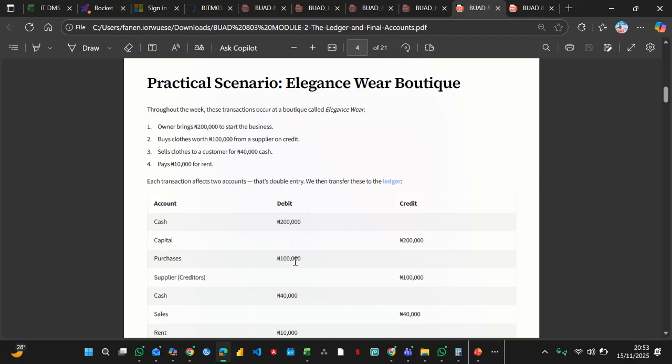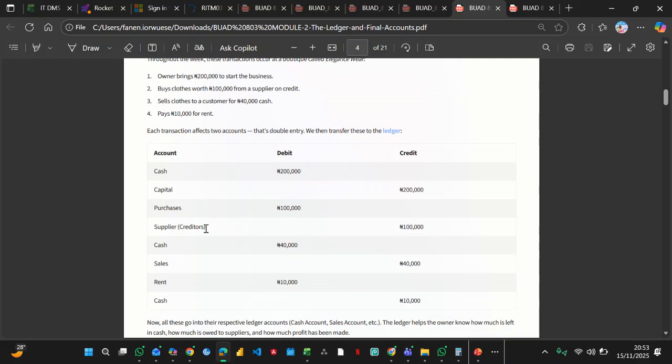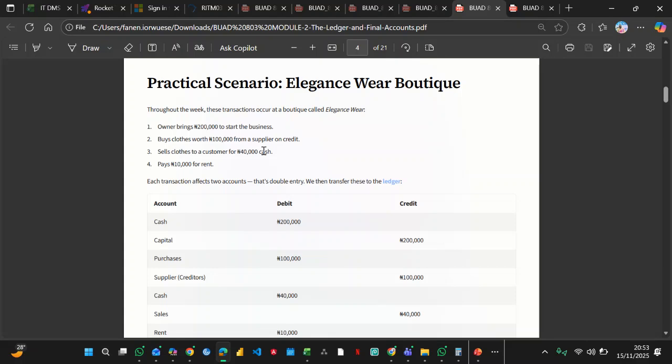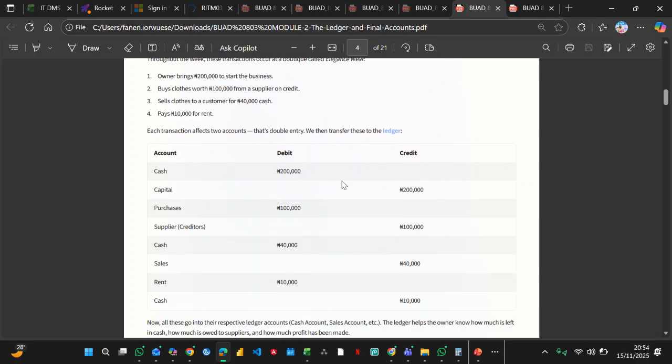He buys items, you understand? So you buy the items here, 500K debit. So this is a debit. The supplier who supplies the clothes is the creditor. So this 100K for the clothes is this one.